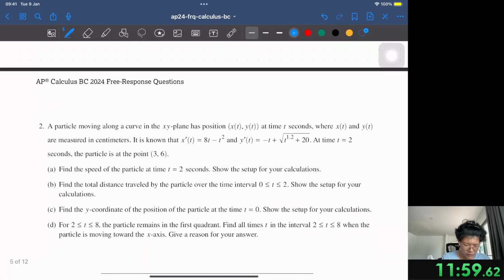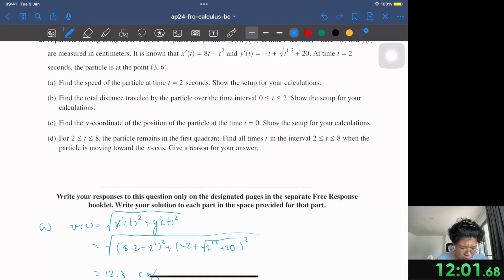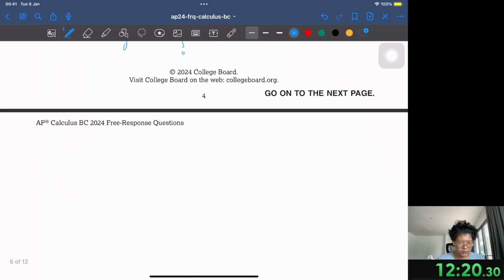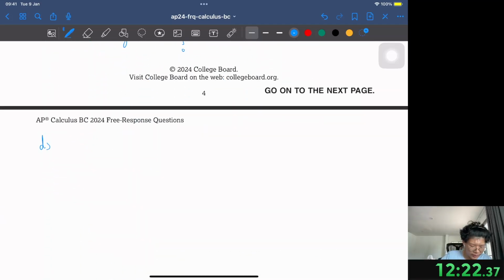And then part D, for 2 less than or equal to t less than or equal to 8, the particle remains in the first quadrant, so it's above the x-axis and right of the y-axis. Find the times t in the interval 2 to 8 when the particle is moving toward the x-axis. Give reasons for your answer.